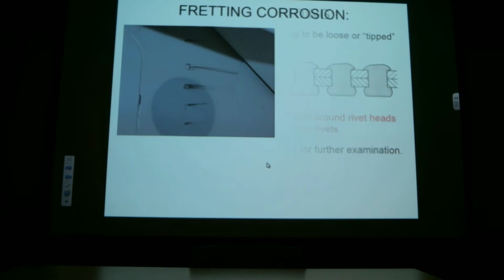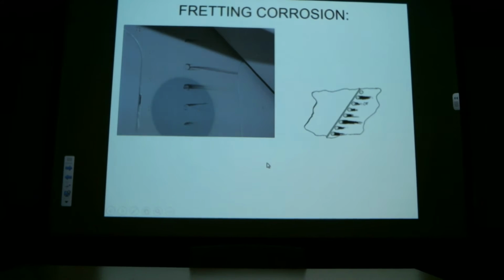Something else too, you'll see something that looks like this sometimes in aircraft rivets. This is called fretting corrosion. The black streaks that are coming from the heads of the rivets aren't dirt. What's happening is the rivet shanks are breaking down and you're looking at the oxide of the aluminum rivet shank that kind of smeared on the surface.